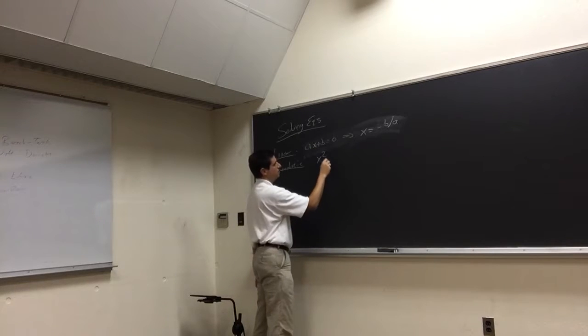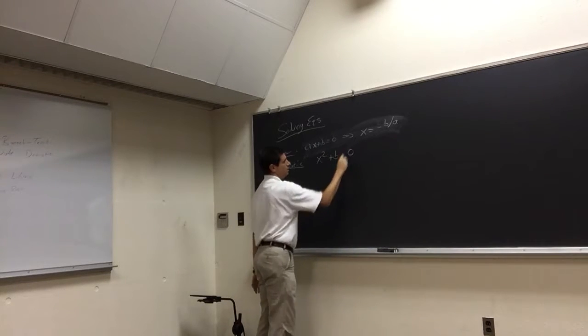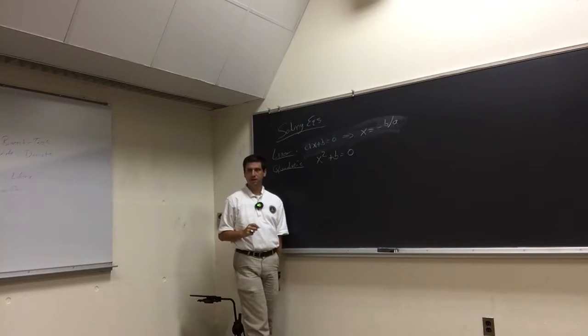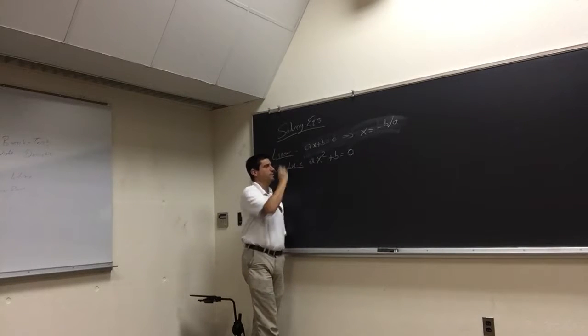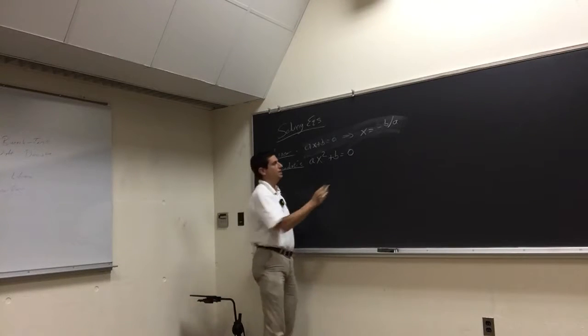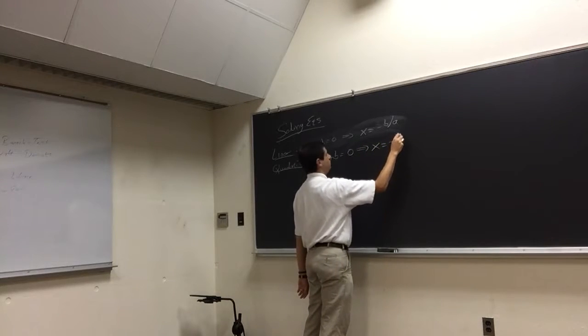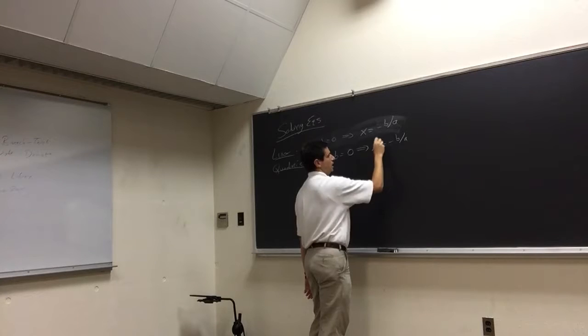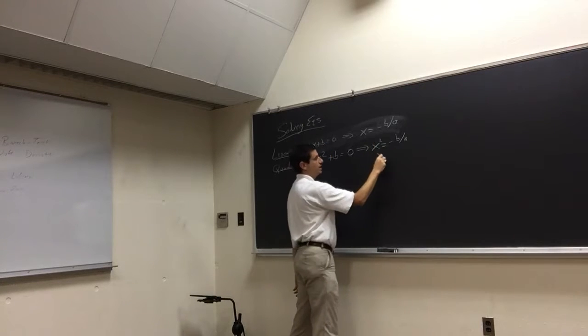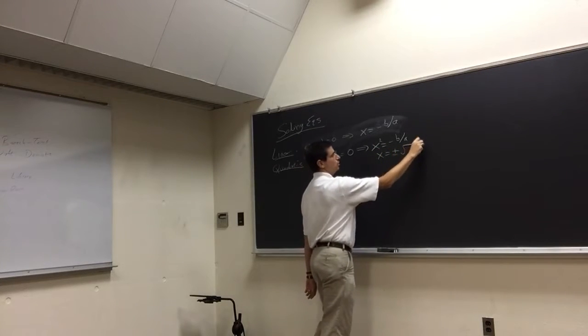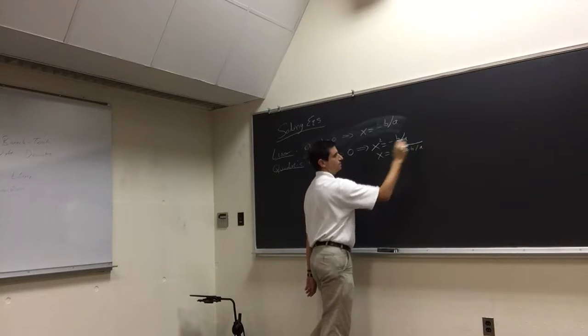So to try to keep it in the same form, I'll write it as x squared plus b. But of course, it's really not that much harder if I put an a over here. And this would very quickly give us x squared equals negative b over a, and then we would get x equals plus or minus the square root of negative b over a.